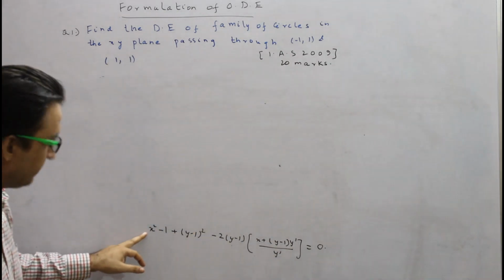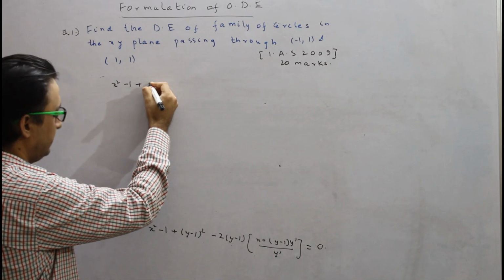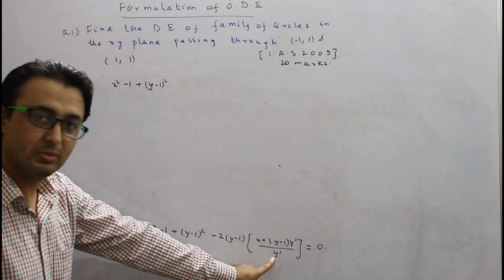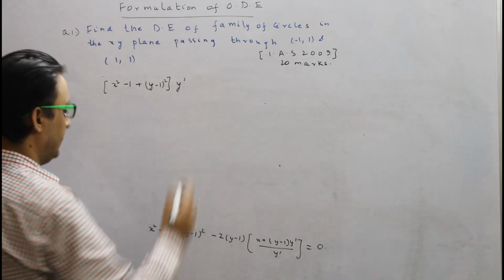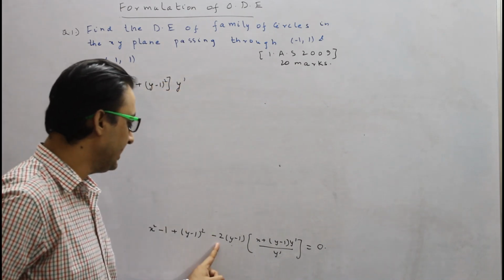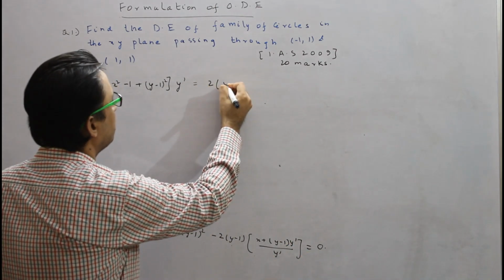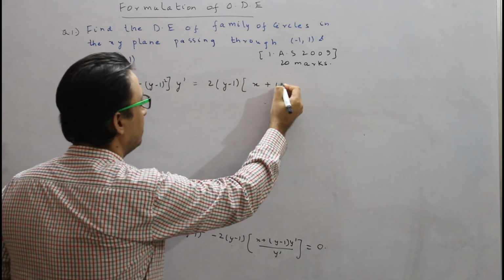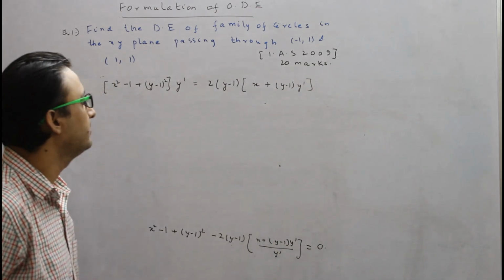So we will start from here. We write it as x square minus 1 plus (y minus 1) whole square. You see it is in the denominator. If we send it here, we can write the whole as y dash, and if we take this whole on the right hand side, we will get 2 times (y minus 1) into (x plus (y minus 1)) into y dash.